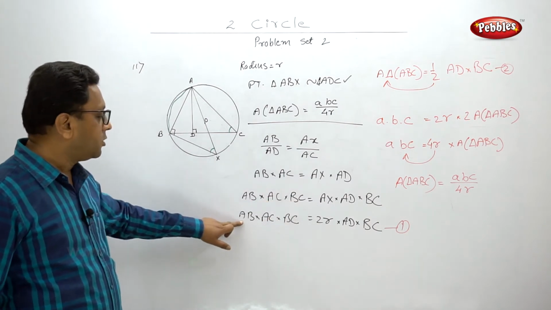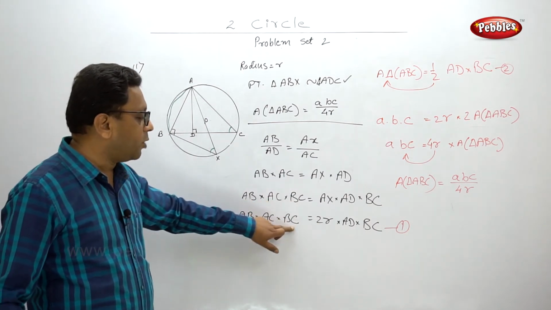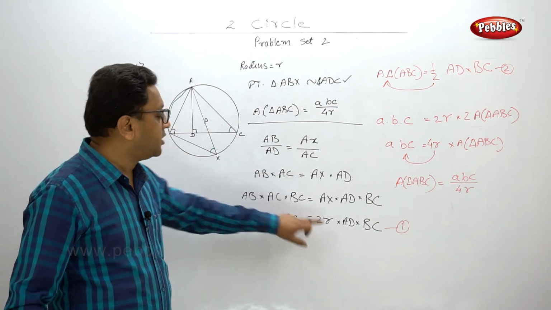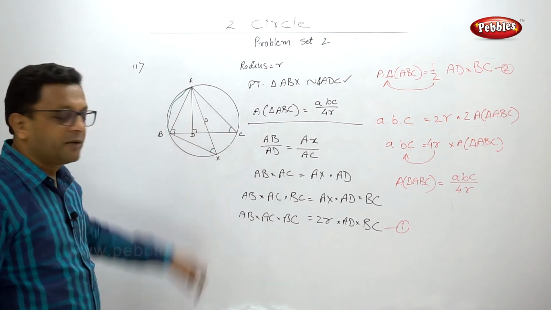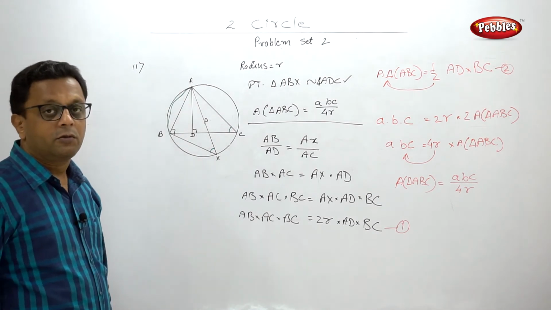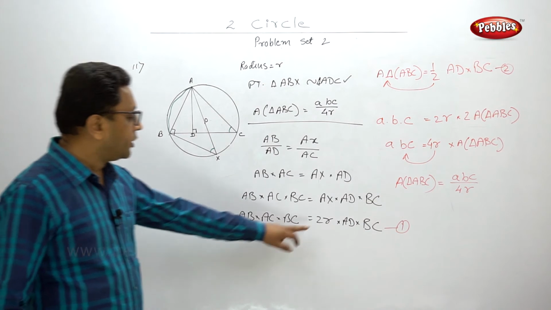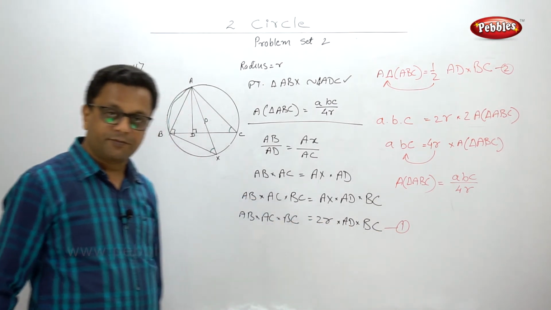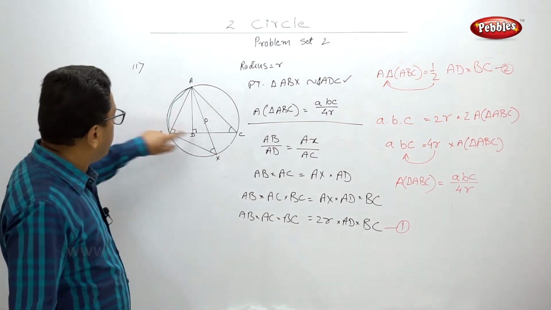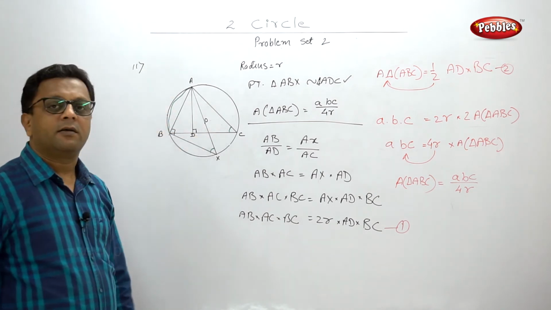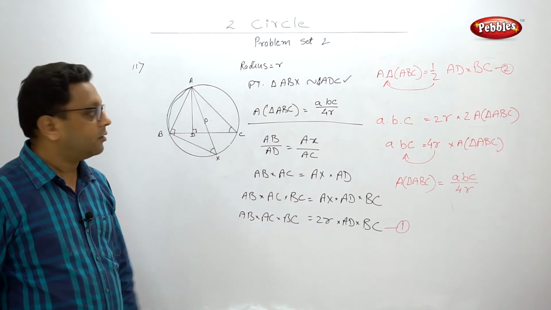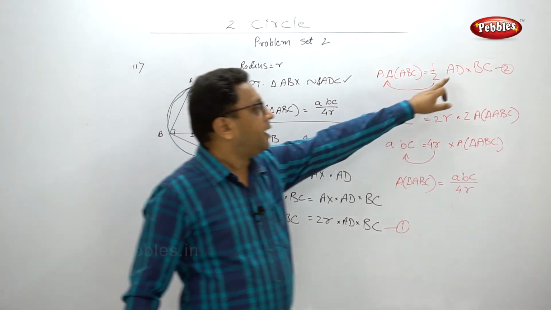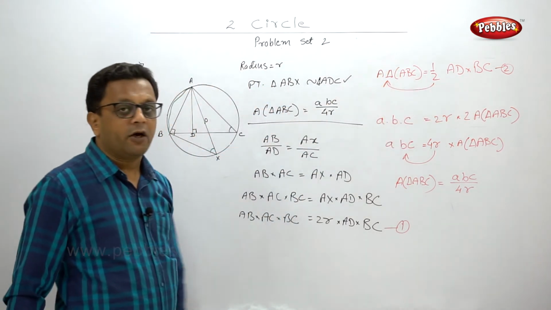So here I have got small a, small b, small c equal to 2r. Why 2r? Because r is the radius and AX is a diameter, so diameter is equal to twice the radius. So this is equal to 2r into AD into BC. But AD and BC are in the area of the triangle. So from this equation, AD into BC is equal to twice the area of the triangle.